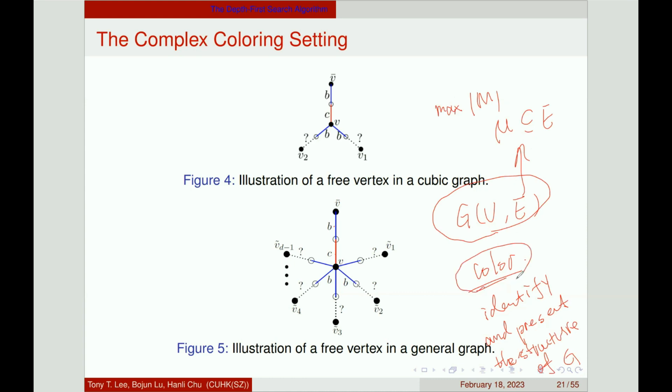So there is nothing special without the color, because we do not color the edges. With the color, what do we want to do? This is the initialization step of our procedure. A very important thing is that we want to present the structure of a graph in a better way, and this is part of the initialization.